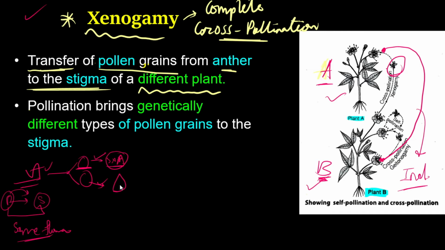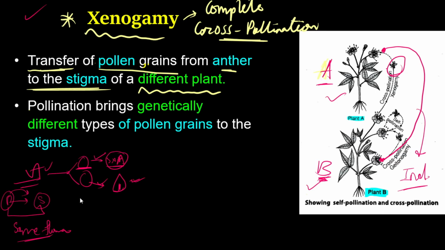So there is no chance of cross pollination. Only self pollination occurs in the cleistogamous flower.